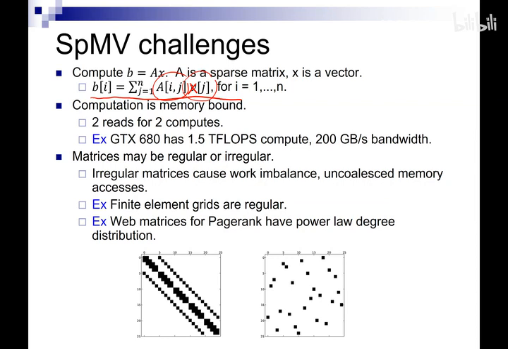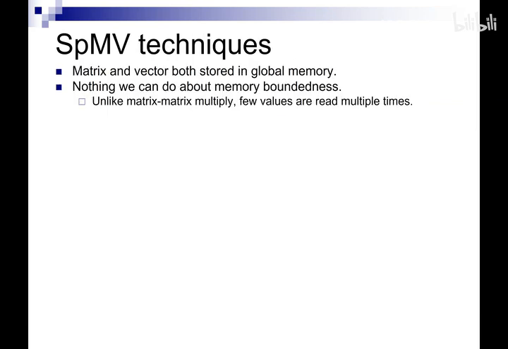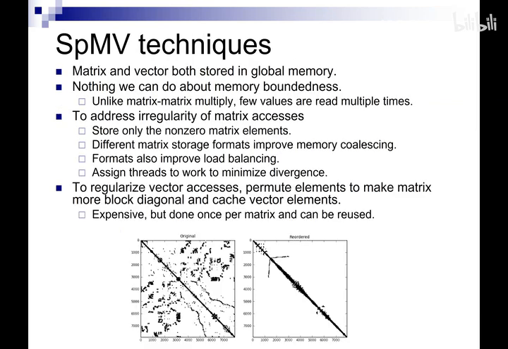In fact, you do one for every one of these products that you have. And for the vector axes, there are different ways of regularizing them, of making them less random and less jumpy.